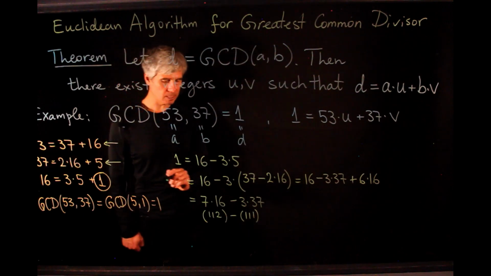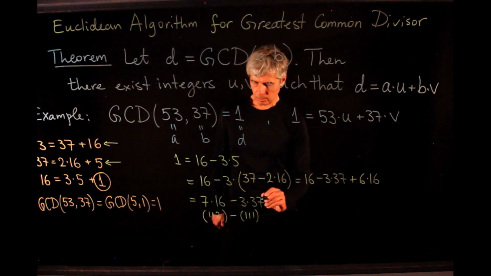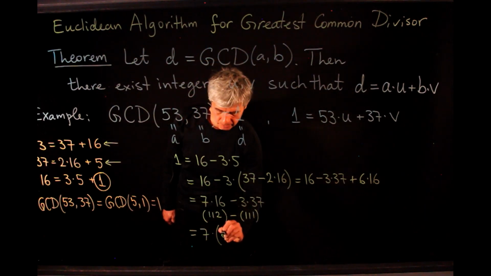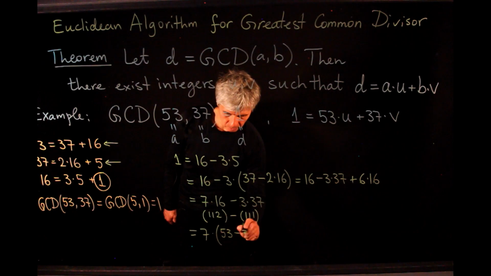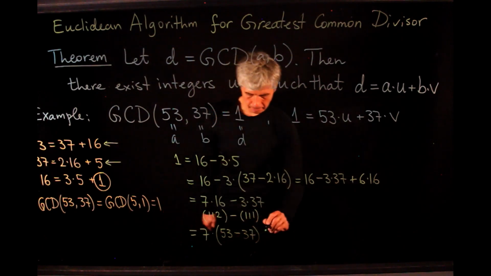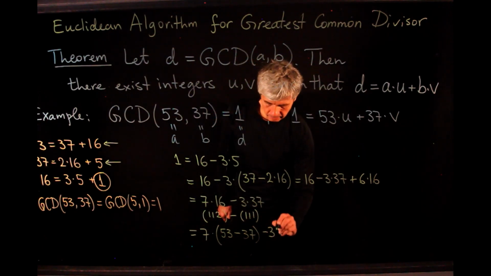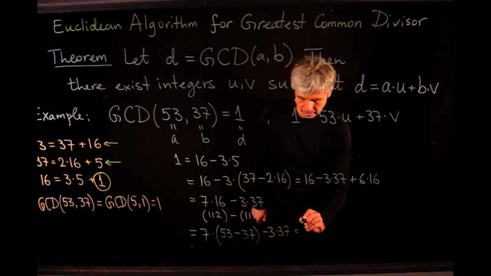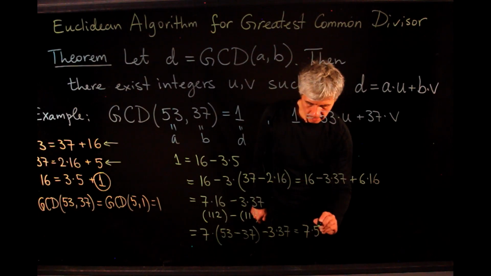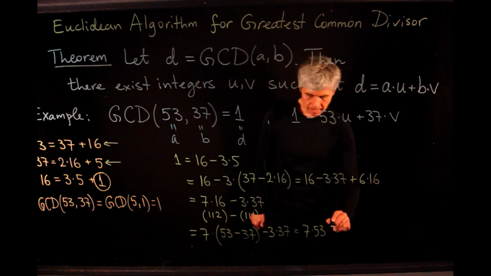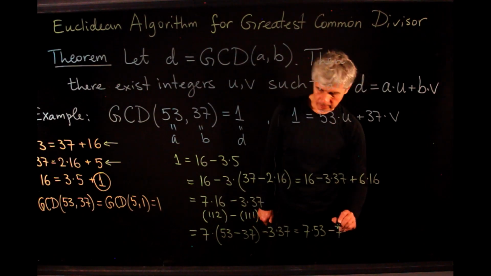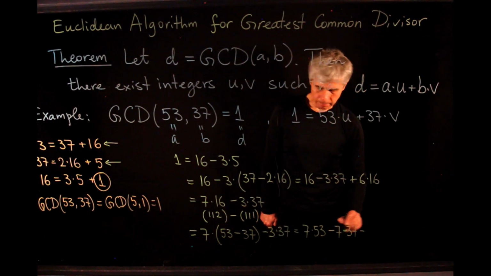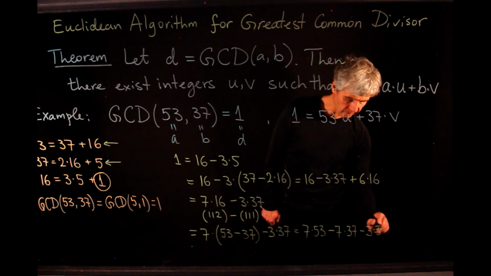53 minus 37. So here we're going to get 7 times 53 minus 37, minus 3 times 37. And so that is 7 times 53 minus 7 times 37 and minus 3 times 37.